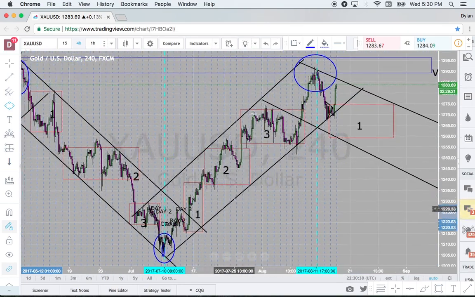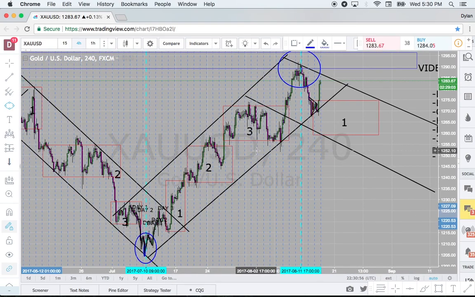Alright, and now we can see on gold, how do we trade these levels? I've told you guys how they work, the characteristics, but how exactly do you trade them? Now, I personally do not look for levels when I am entering my trade. I'll obviously look to see if a reversal is possible or if we're in a level 3 scenario, because level 3 is usually the easiest to determine.